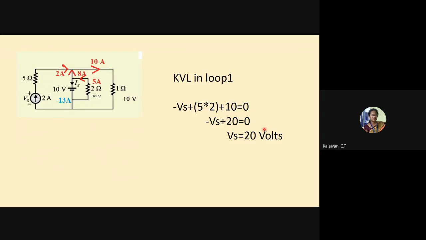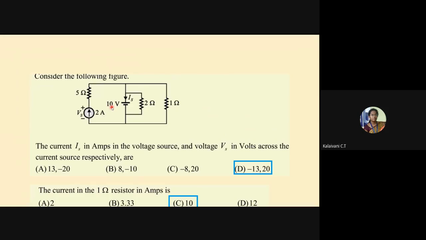Now our question was: first is to find IS, now we found as minus 13. VS we found as 20. And the third question was the current across the 1 ohm resistance. So the answer will be minus 13, 20, D option. And the current in the 1 ohm resistance will be 10 amps.